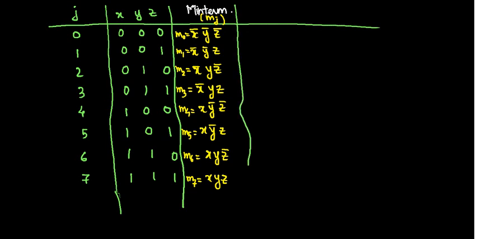Now as I said, there is also a possibility for max terms. That is represented by capital M with a subscript J. What is J? J is the decimal equivalent of the corresponding binary expression.